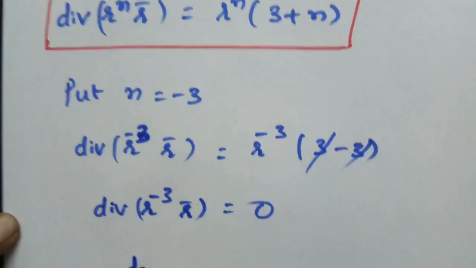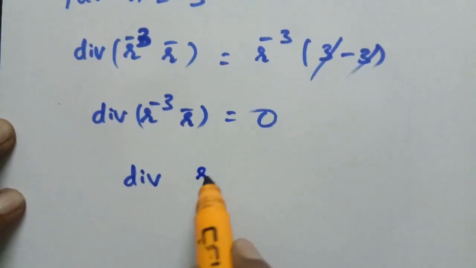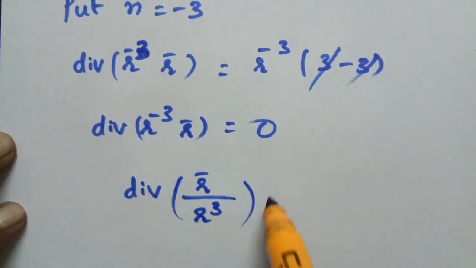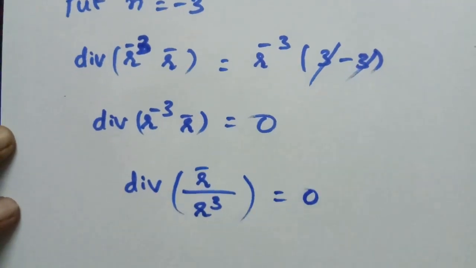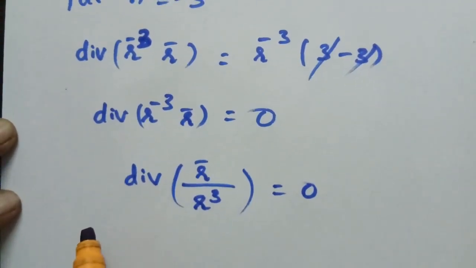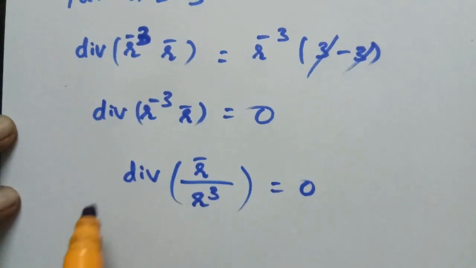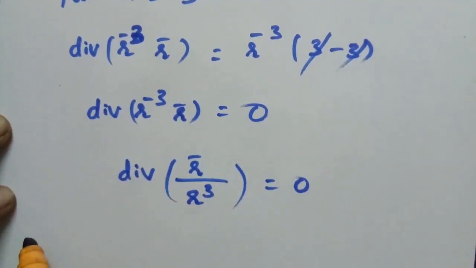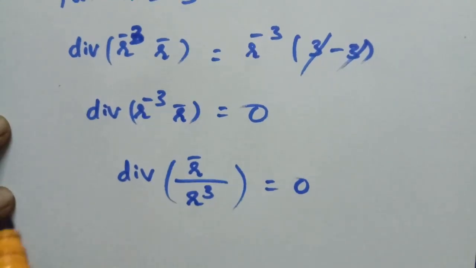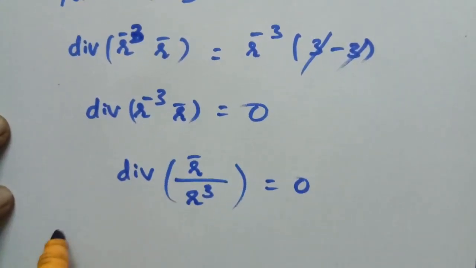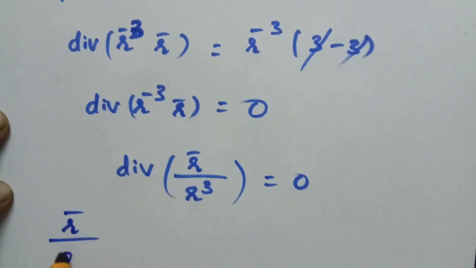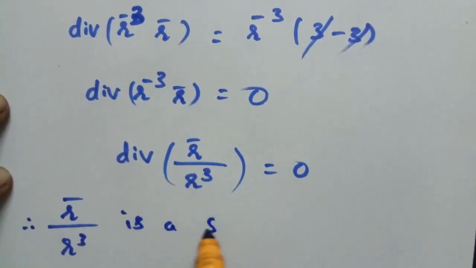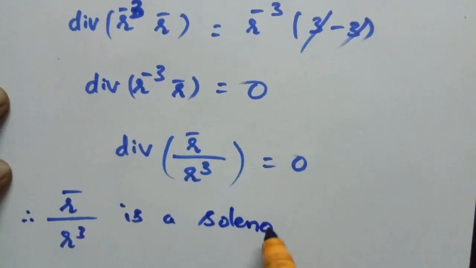That means divergence of r bar by r power 3, that is r cube, is equal to 0. Therefore if n is equal to minus 3, r bar by r cube is a solenoidal vector.